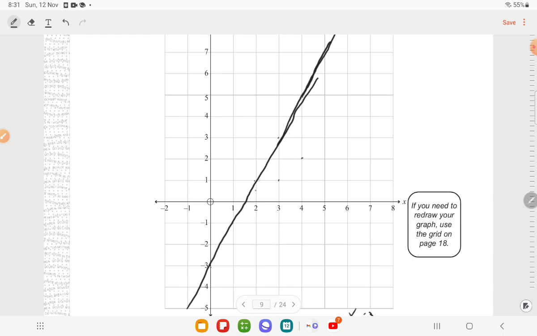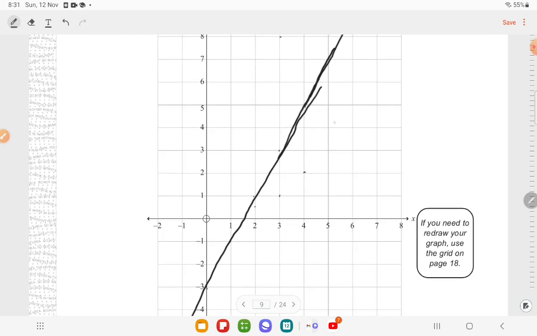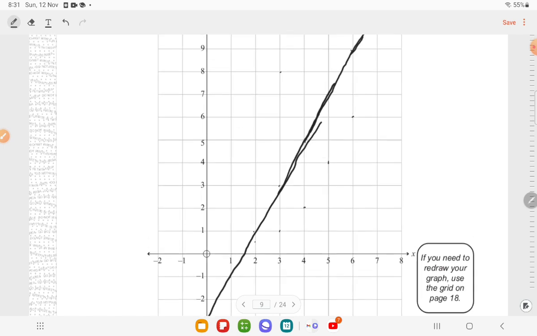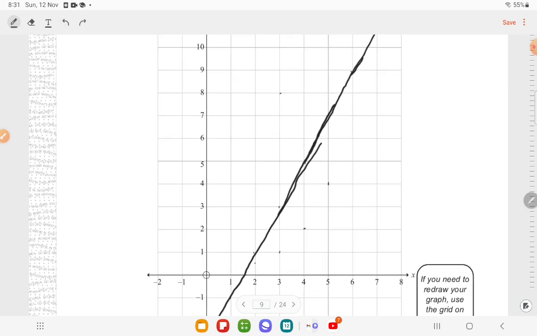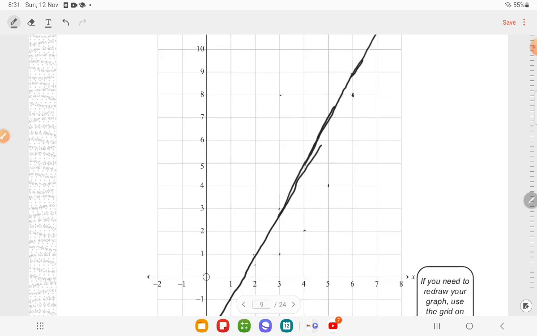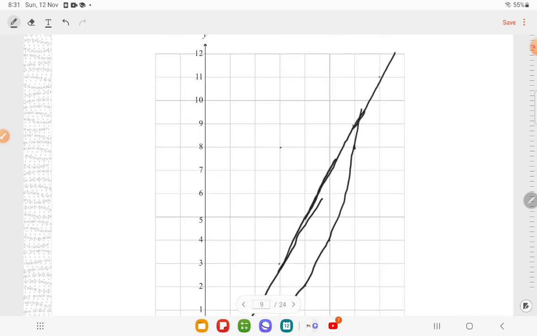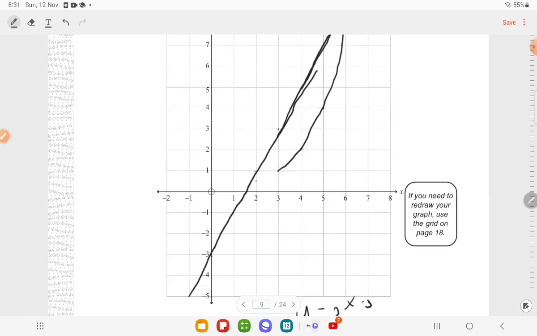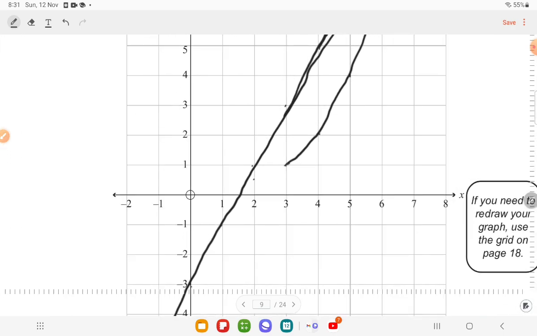Here it will be half. Then it keeps on doubling, I mean, going up by a factor of 2. And this keeps on approaching 0, but will never actually reach 0.